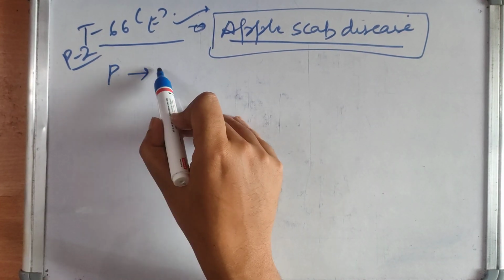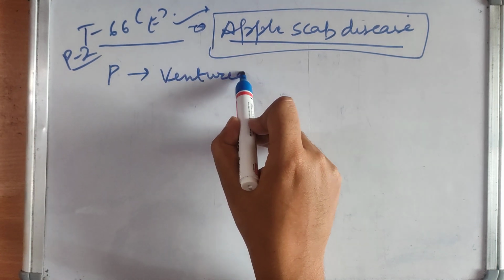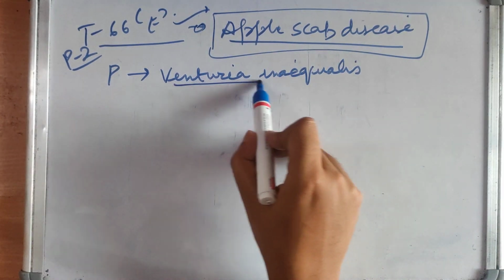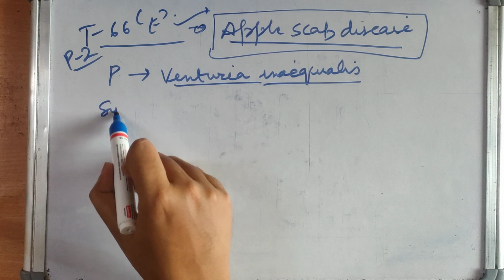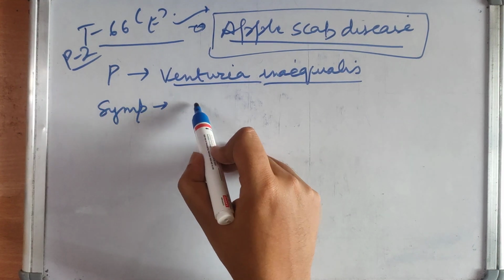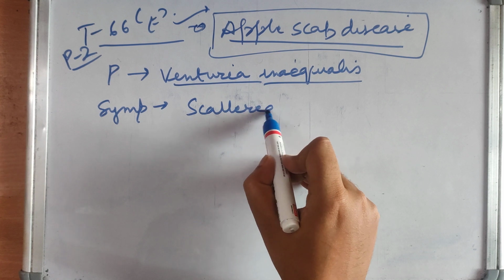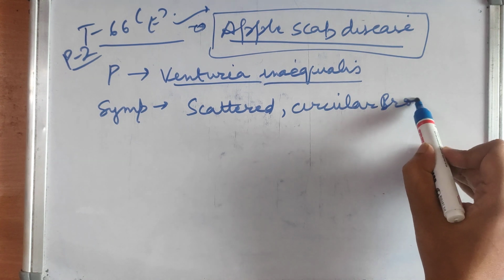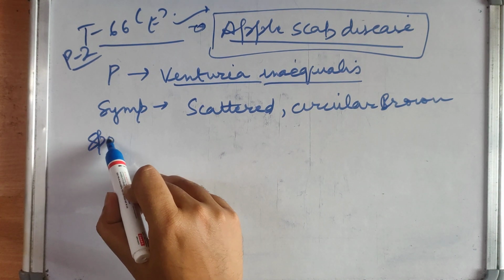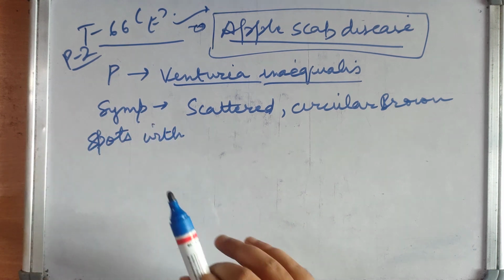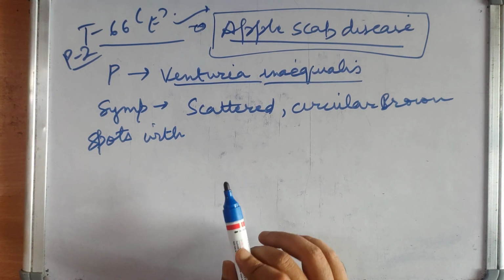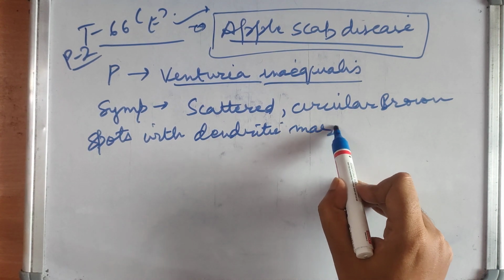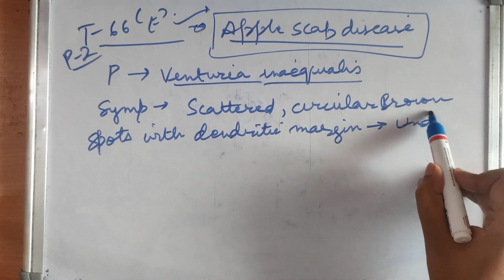So its pathogen is Venturia inaequalis. Its symptoms are scattered circular brown spots with dendritic margin on the under surface of leaves.